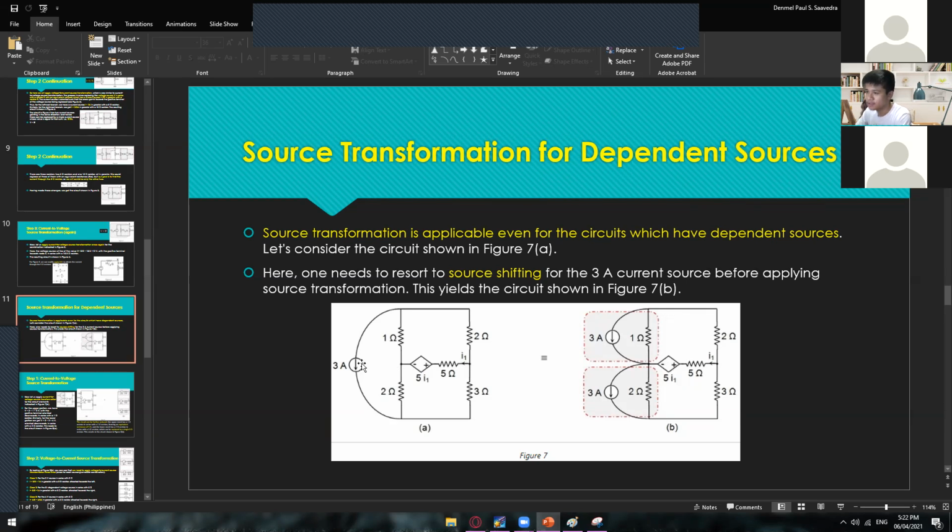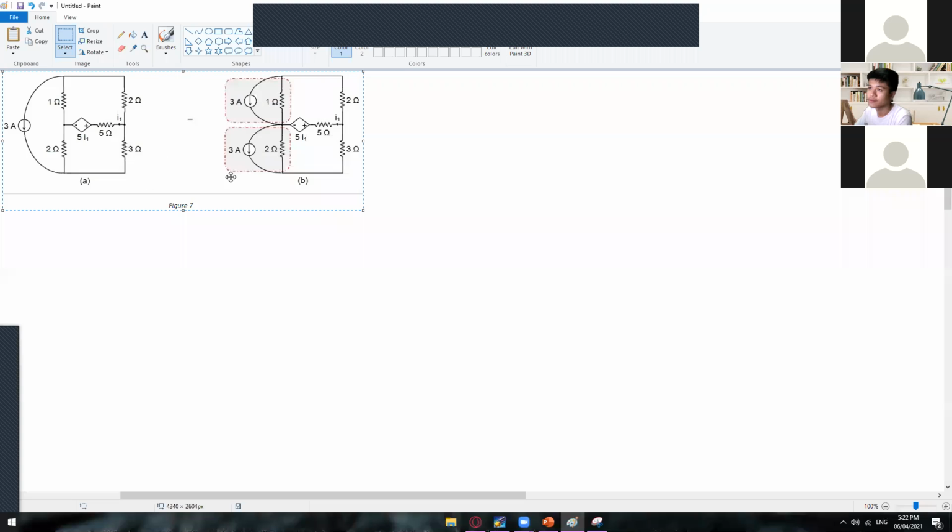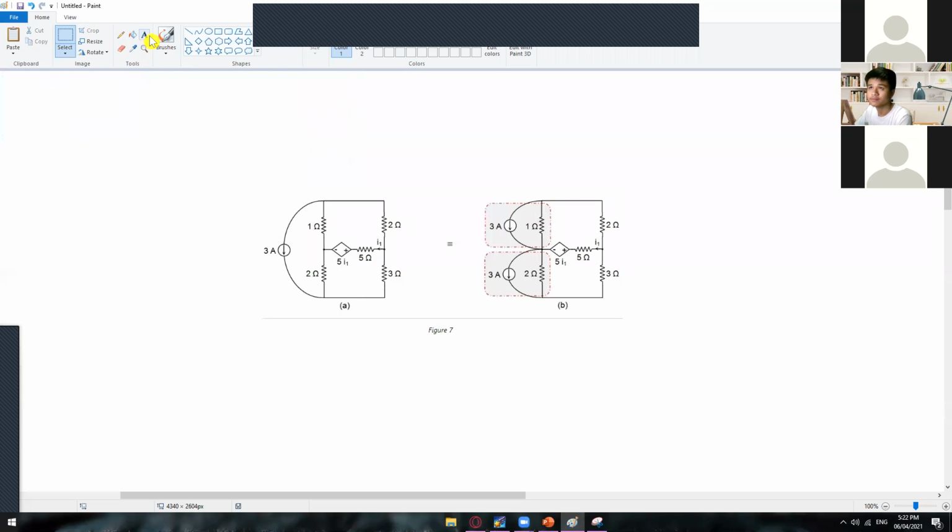From here, you can separate those two by doing this. We have a current that is flowing on this 1 ohm, the same with the 2 ohms. If you analyze this one, we have a series connection right here, wherein this one is also connected right here.